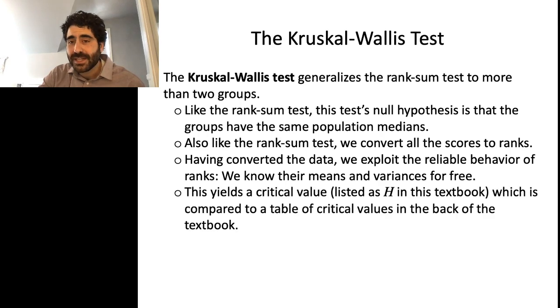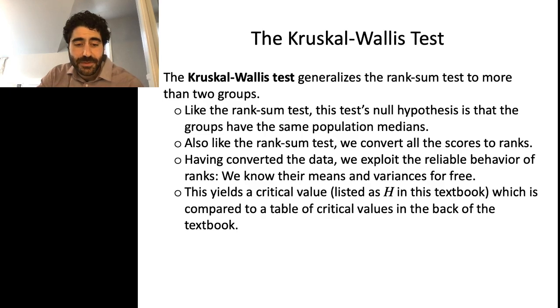We'll go through in a second that we're going to get a critical value saying the extent to which we're reducing our variance by knowing the group labels, right? So do the rank distributions inside each of the groups have lower variance than this overall starting distribution of all ranks?